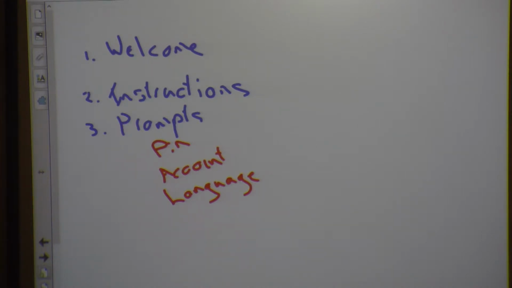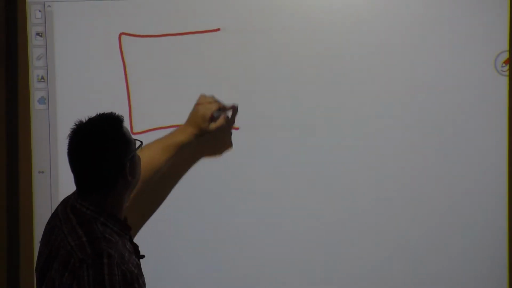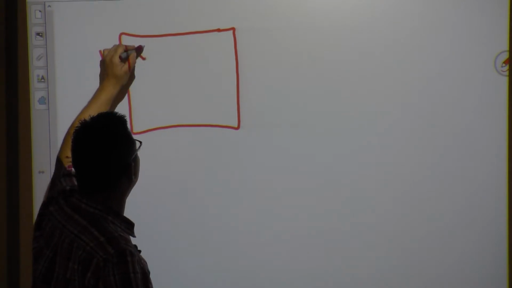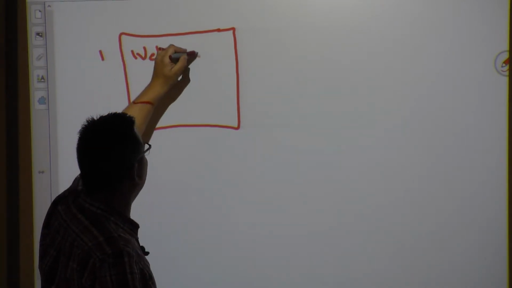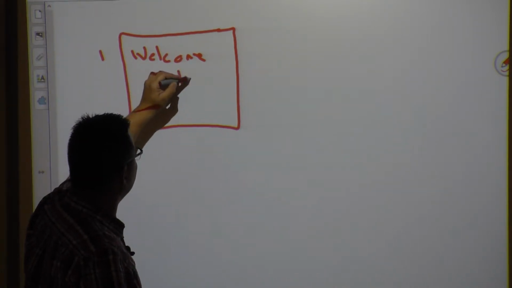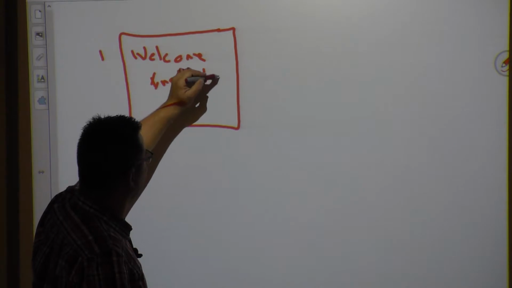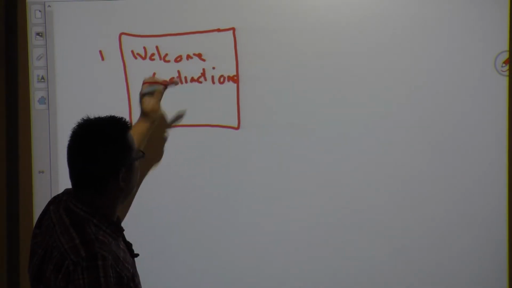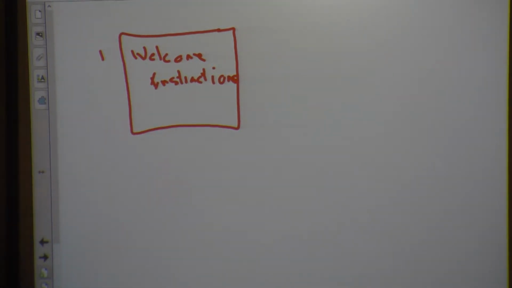Okay. So if we design this, we might get to the process of saying, okay, first one being welcome and instructions. Am I now going to draw it nicely and say this is where I'm going to place it? No, because then it's really starting to get almost to a bit of design.